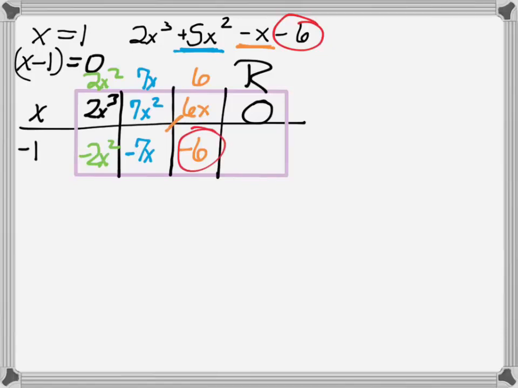Now we are going to completely factor x minus 1 times x, 2x squared plus 7x plus 6. So we're going to be doing the inside out in boxes. It's very similar to what we've been doing.